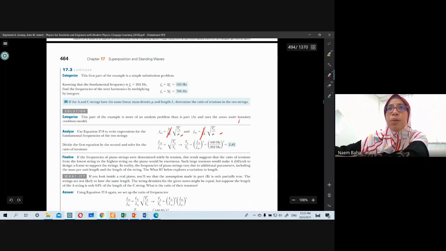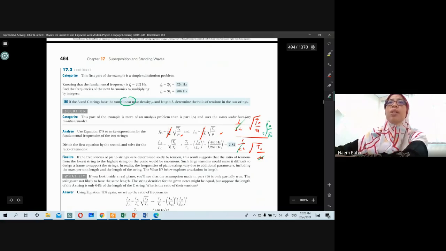It's just unfair to leave it as such. For A, 1 over 2L times the square root of TA over mu. This time around, for C, it's the tension in string C divided by mu. Since they say the strings have the same linear mass density, these two values can be cancelled out. What should be happening is the square root of TA over TC.